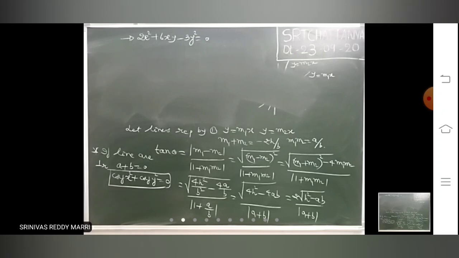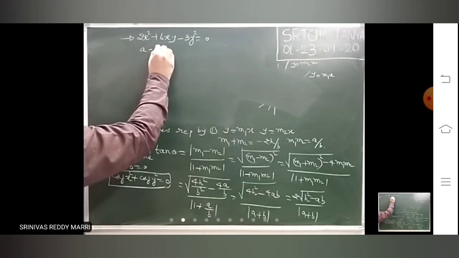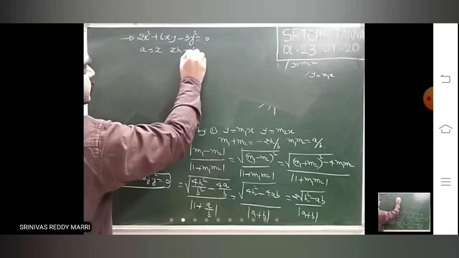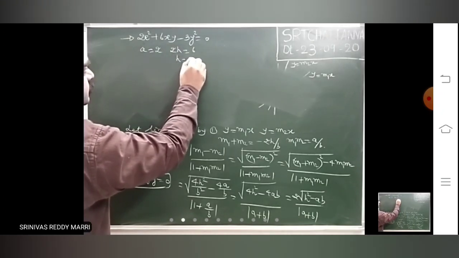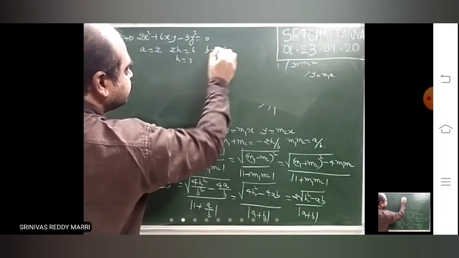We have to find the angle between these two lines. Use the formula. A equal to 2, 2h equal to 6, so h is 3. B is minus 3.